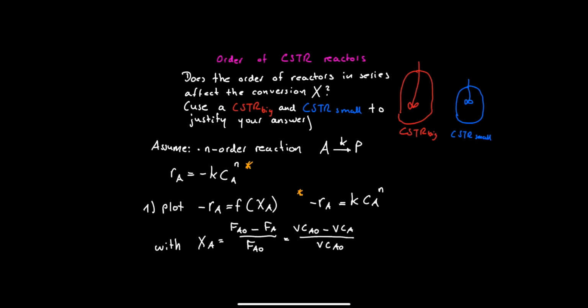We can factor out the volumetric flow rate and this will cancel out. So CA0 minus CA divided by CA0, which is equal to 1 minus CA divided by CA0.